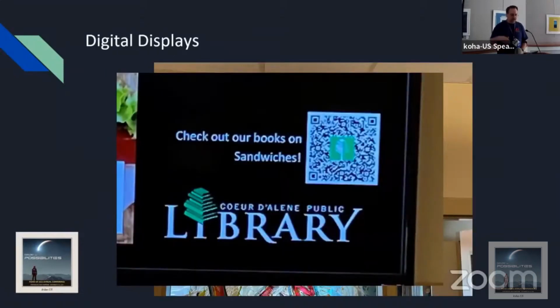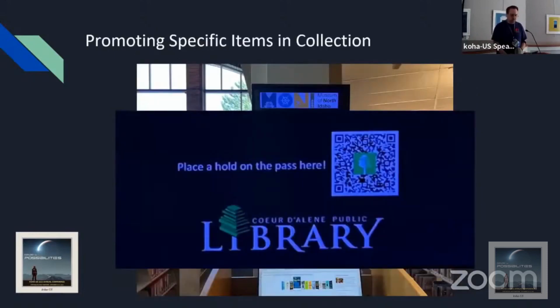And I took that one step further. I have this on digital displays in our library that show that same information and that same QR code. I also have things in our collection. Unfortunately I covered this up, but this is a screenshot of a portion of the screen behind here. We have our digital displays that rotate through different things that are in our collection.